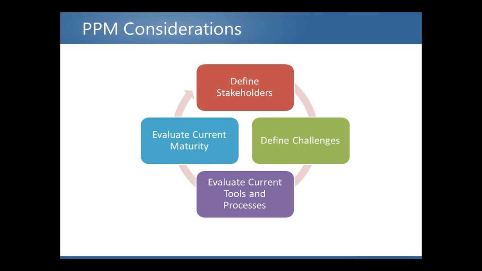Speaking of objectives of a PPM tool, whose objectives are they? How can you meet those objectives by enforcing a tool, for example, or a discipline even, that only benefits those at the top? And the answer is you really can't. The most common mistake made in PPM deployments is the inability to define all stakeholders, their challenges, their tools and processes, and even, very importantly, their organizational project management maturity.